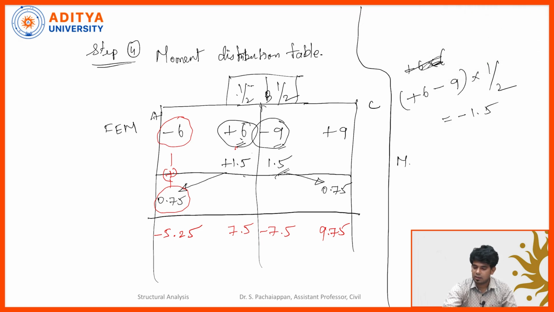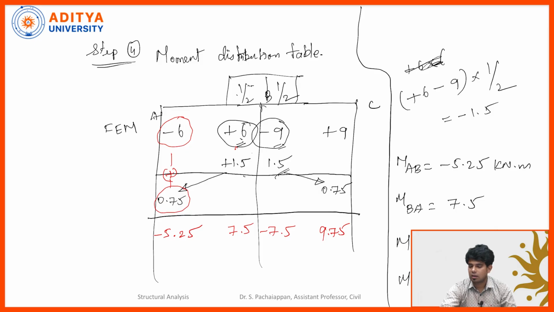I will write MAB is equal to minus 5.25, MBA equal to 7.5, MBC is equal to minus 7.5, MCB is equal to 9.75. Don't forget to write the unit. All moment units are kilonewton meter.